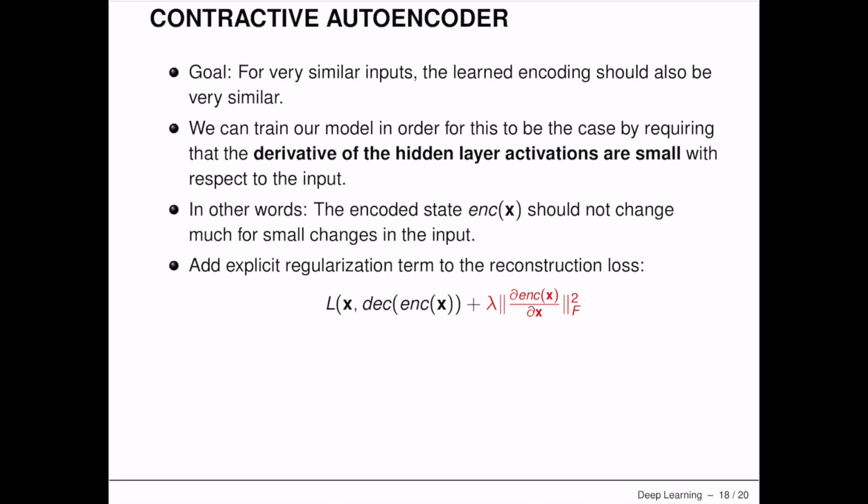And this means that we want the sum of all the derivatives of the hidden layer activations with respect to the inputs to be small. If the derivatives are small, this means that the function does not change a lot if we vary the input.